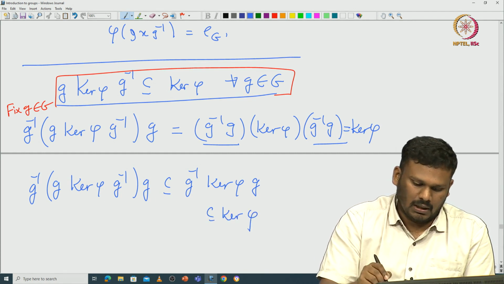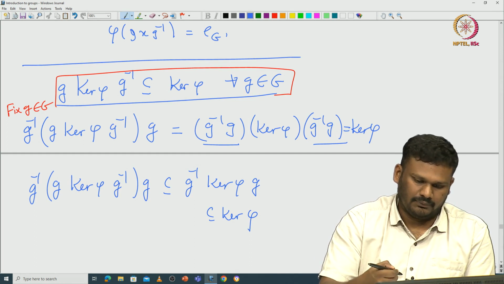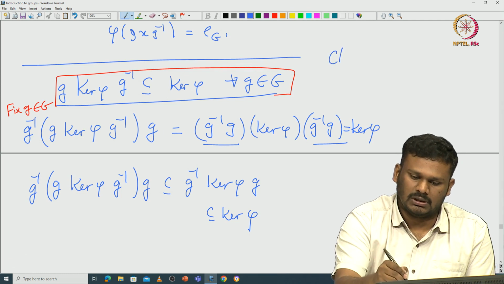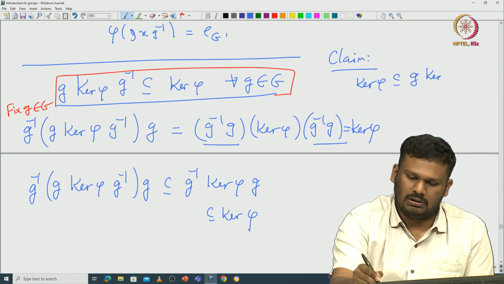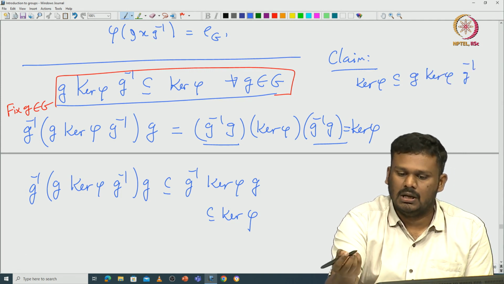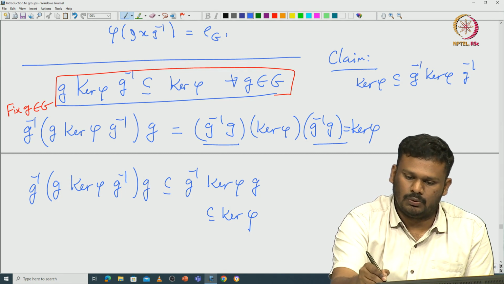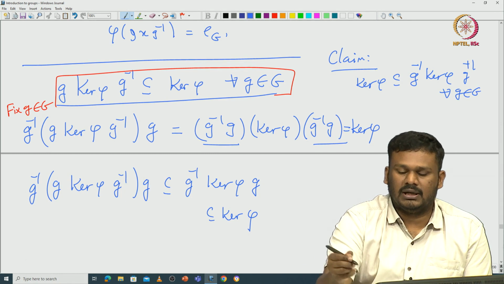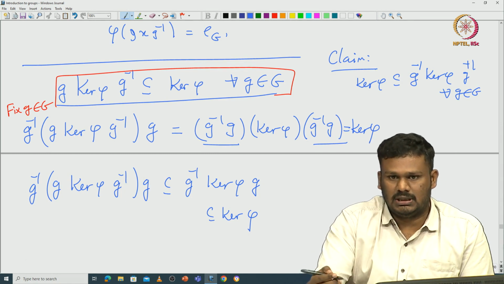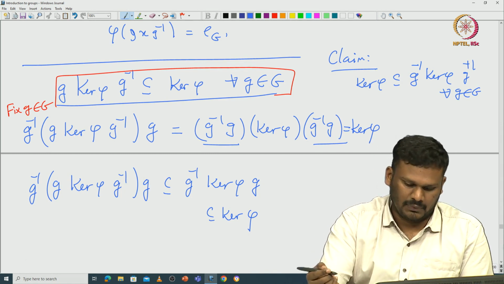Okay, we wanted to prove the other way. So let me write the claim. The claim is kernel phi is a subset of g kernel phi g inverse, but it is the same as saying that you can put minus here and plus here for all g in G, because g in G and g inverse in G index the same set.